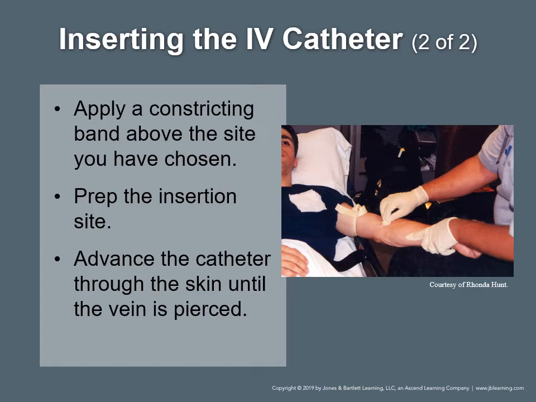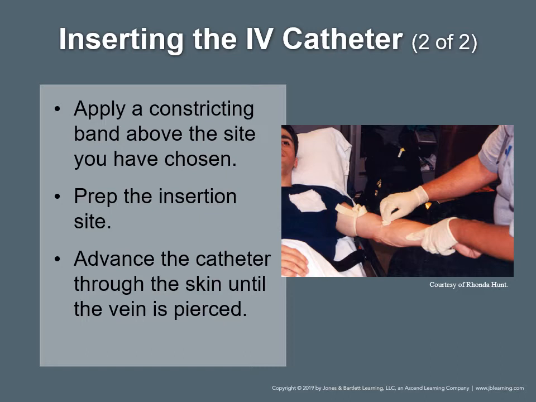Did all of that make sense to everybody? Yeah, but I actually don't think I'm gonna get it till I do it. Yeah. So you're not going to go straight down. You're going to go in at an angle. Once you get flash in that chamber and you know that you're inside, you're going to advance it just a little bit more. Because as you look at the IV needles, the actual needle part comes out just a couple of millimeters more than where the sheath, the clear tube that stays inside the vein, starts.